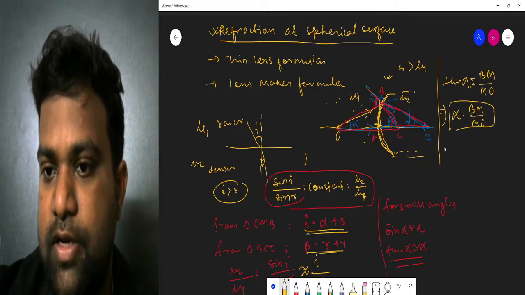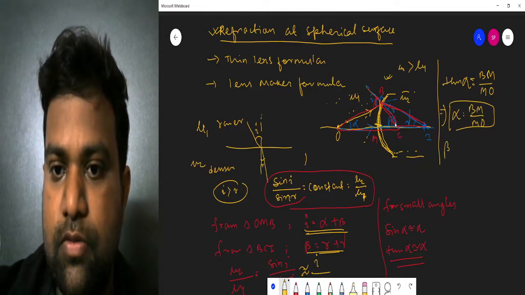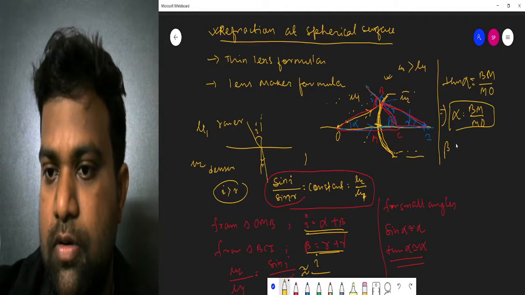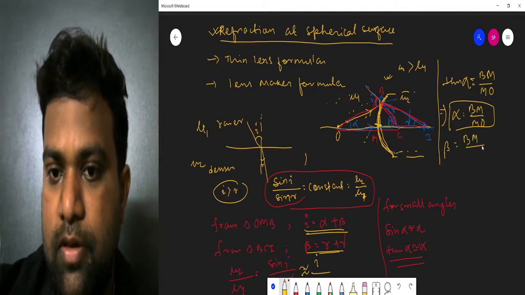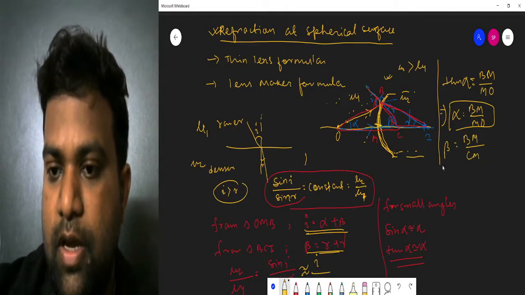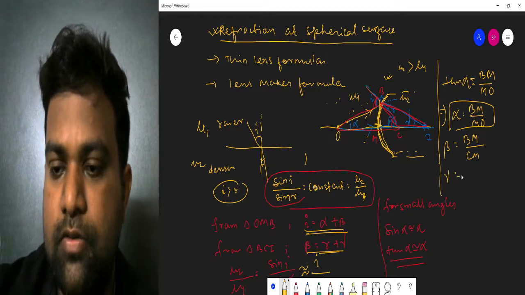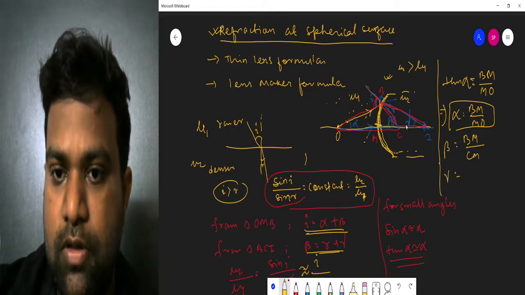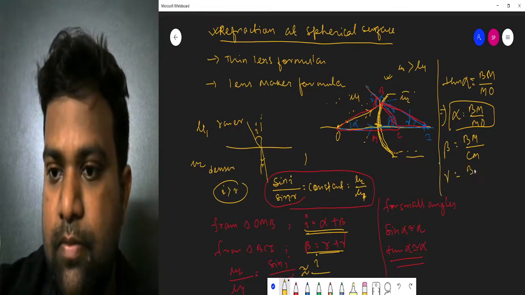Similarly, you can write beta will be equal to Bm by Cm, and gamma will be equal to Bm by Mi.